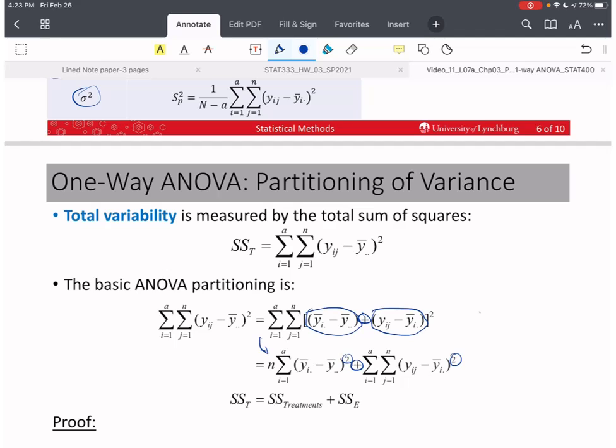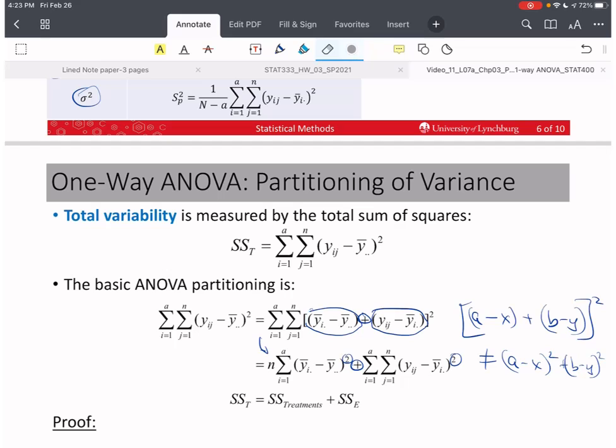And you know that a minus x quantity plus b minus y quantity total squared is not necessarily equal to a minus x squared plus b minus y squared. In general, that's not true. But because we're doing that with the means, we end up canceling it out. And so I'll show you that in a minute.